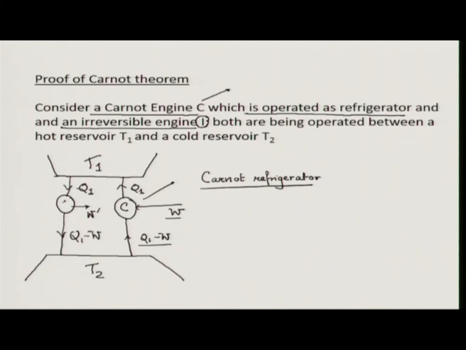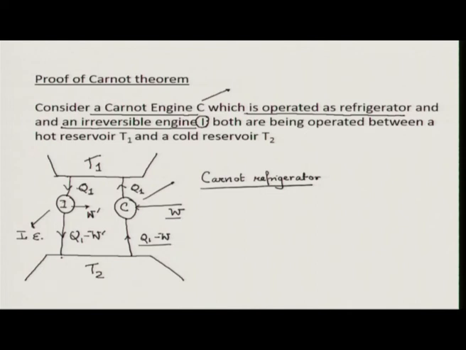So this is my irreversible engine, I. This is being operated as an engine. You can see it takes Q1 amount of heat from the hot reservoir, gives out W prime amount of work, and the rest of the heat, Q1 minus W prime, is being dumped to the cold reservoir at temperature T2.